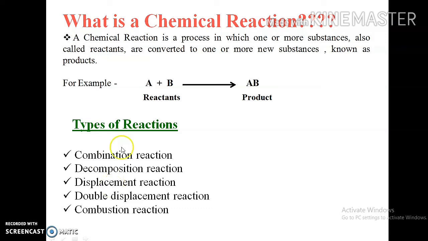Here you can see A and B are the two reactants which react together and form a new compound AB, which is known as the product. The things which are going to react are known as reactants, and after reacting, the new thing which is formed is known as the product. So this is known as a chemical reaction.